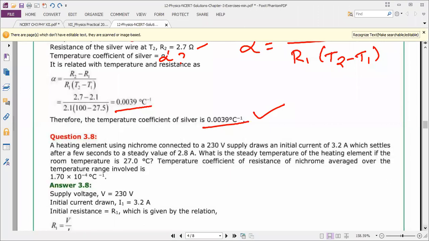The average temperature coefficient of resistance of nichrome over the temperature range involved is 1.70 into 10 power minus 4. That is a constant. Try to find the steady temperature of the heating element. That is the question.